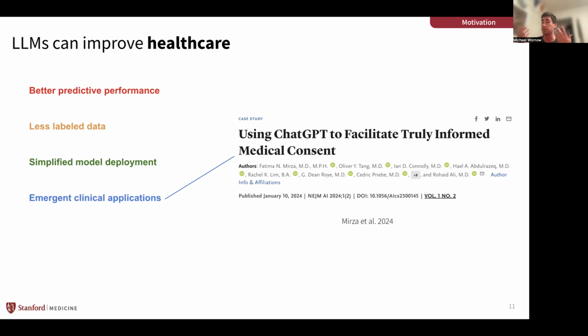That would have been something inconceivable even a few years ago. And so there's a ton of interesting applications that we have yet to quite imagine where these language models could lead to significantly improved performance and entirely novel use cases that previously wouldn't have been possible.